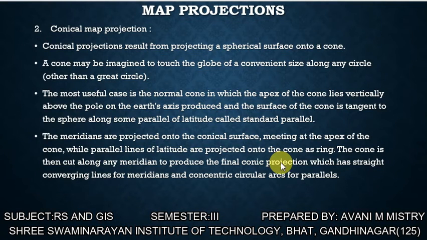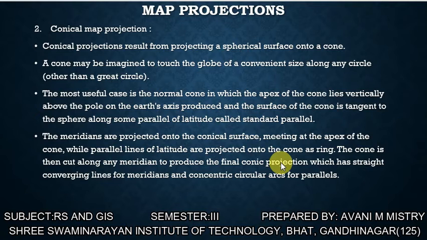Then conical map projections. Conical projections result from projecting a spherical surface onto a cone. A cone may be imagined to touch the globe of a convenient size along any circle.